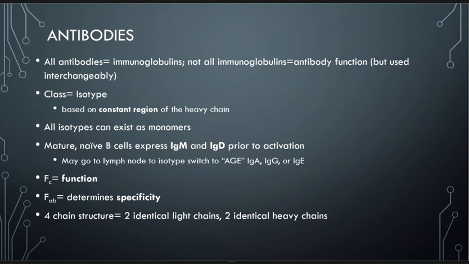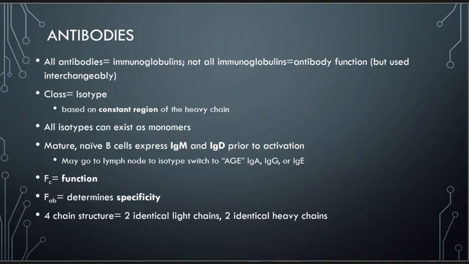And that is going to be our variable region. The variable region is going to be the portion that contains the site that's going to bind to the antigens we just talked about. And most antibodies are going to have two antigen binding sites on the arms of that Y structure.